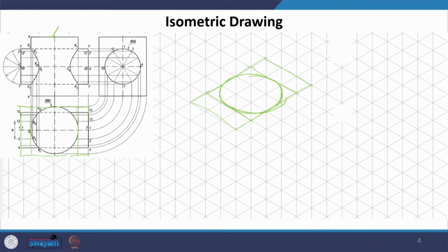Now, if I have to draw this, I extend, and this is the reference which I am taking. I am not making the height of this one, this is the reference. Now, we have to identify where the square containing this circle is going to come.